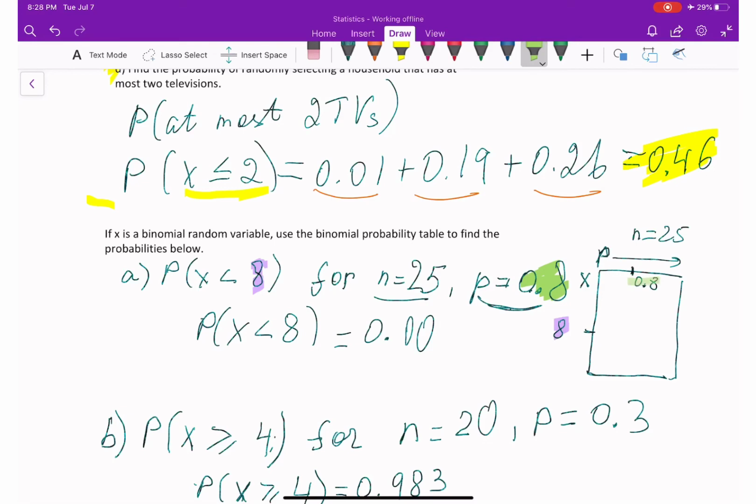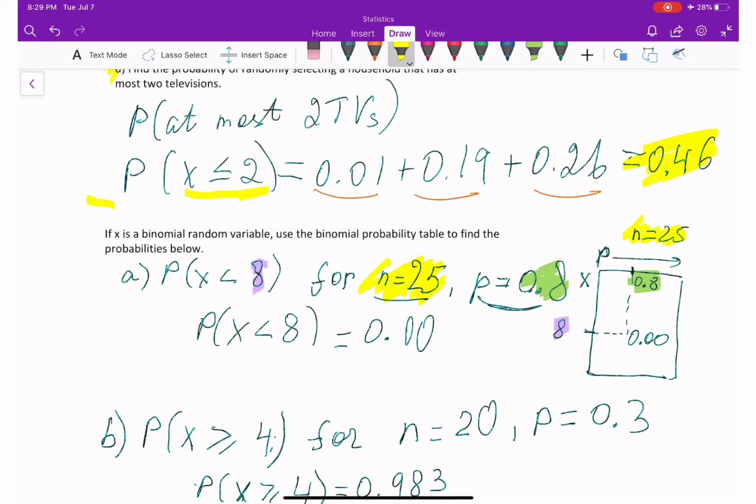And the intersection is going to give you 0.00 in this case. And that is for n equal 25. You have to make sure, because there are several n tables, so you need to pick 25. Once again, the n equal 25 table.